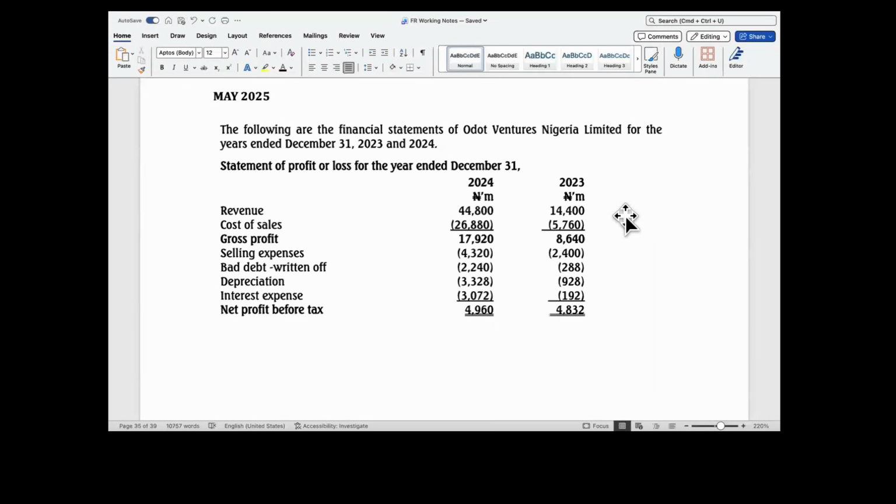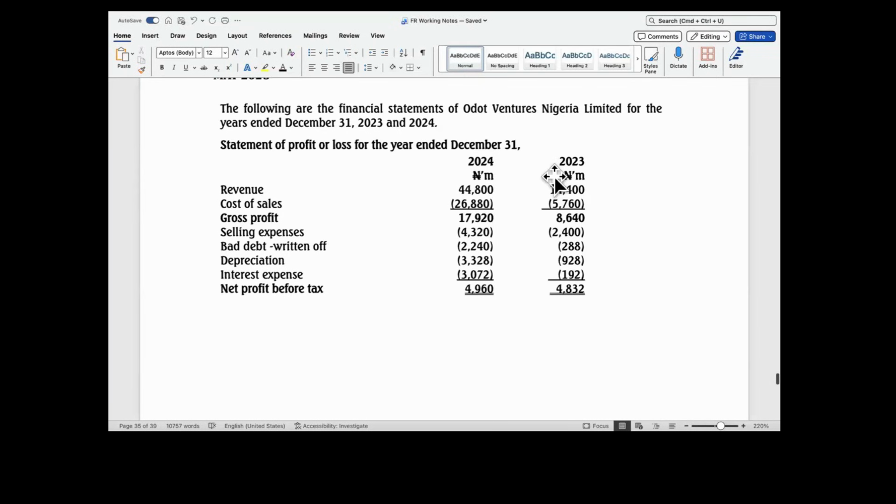Okay. The following are the financial statements of Orak Venture Nigeria Limited for the years ended December 31st, 2023 and 2024. Statement of profit or loss for the year ended December 31st for 2024 and 2023.